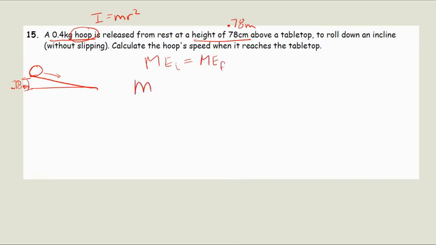So in the very beginning, we have mgh initial is equal to, well, first we have translational energy because we know that it's moving linearly, 1/2 mv squared plus 1/2 I omega squared. Okay, so we know that our omega also is equal to v divided by r.